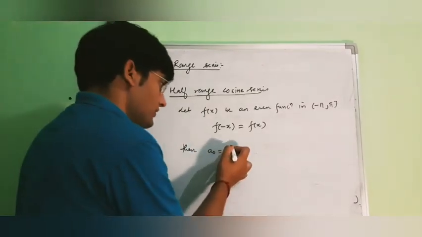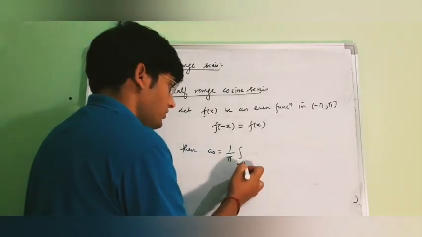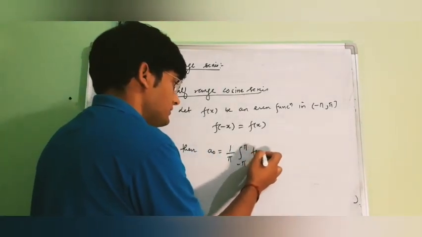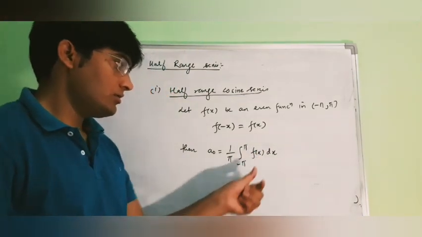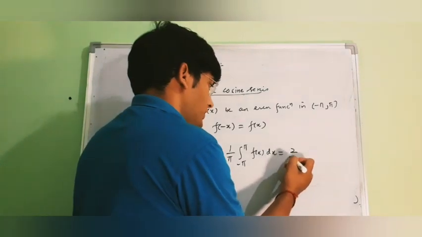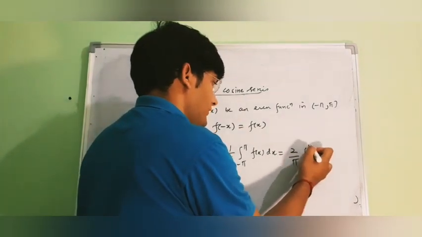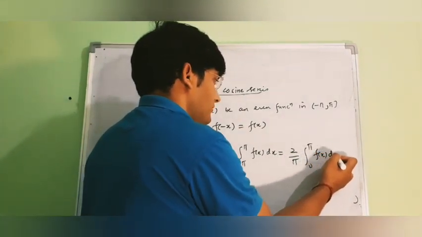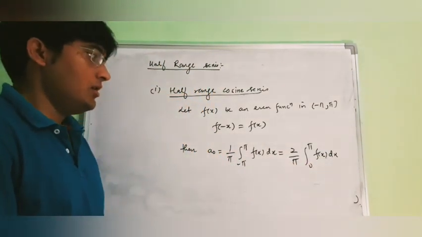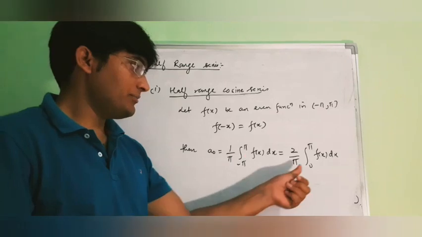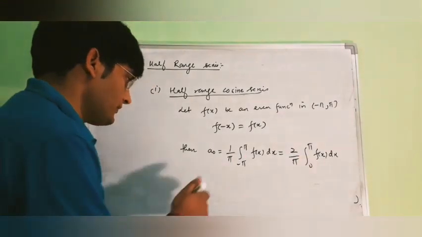As the function is even, the Fourier coefficient a0 in the interval minus pi to pi will be equal to 2 times the integral from 0 to pi of f(x) dx, because the function is even. So as the function is even, the definition of the definite integral implies it as 2 times.